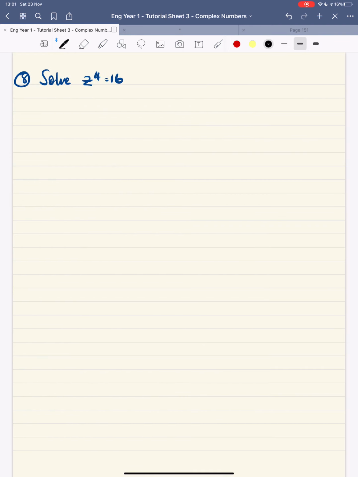Okay. Number 8. Z to the 4 is 16. So if Z to the 4 is 16, Z squared is going to be plus or minus the square root of 16. Because if we take the square root of each side, the square root of Z to the 4 is Z squared. So therefore, Z squared is 4 or minus 4.